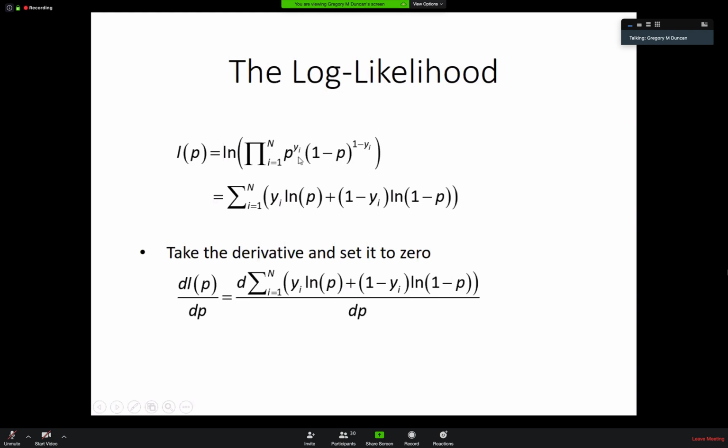And then we recall that the log of P to something is the something times log P. Log of 1 minus P to something is the something times log of 1 minus P. Take the derivatives of this and set it equal to 0. So notice here we have the derivative of a sum. Derivatives of sums are pretty easy to take.